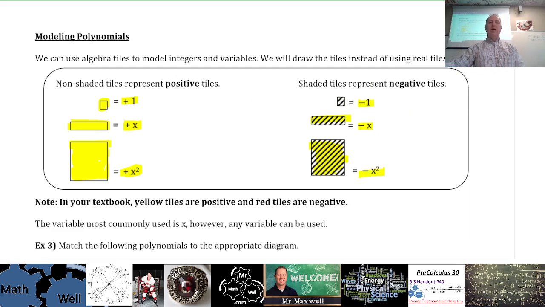Now, the one neat thing about this that I'd like you to notice is this x squared. Think about this, x times x. Do you guys know what we get when we multiply an x by an x? Have you ever seen that before? X squared. Yeah, you get x squared. That's right. X times x is x squared because you add the exponents.